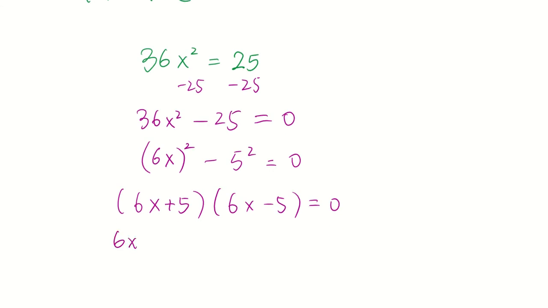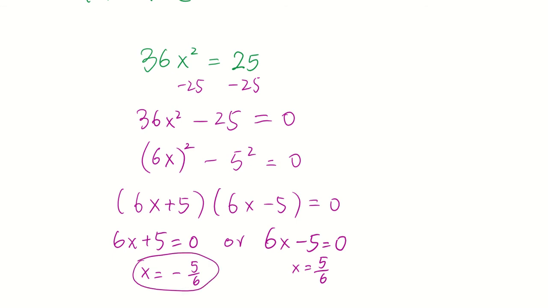Either 6x plus 5 is equal to 0 or 6x minus 5 is equal to 0. Solve the first equation, you will get x equals negative 5 over 6. The second equation, you will get positive 5 over 6. So we have two solutions, positive and negative 5 over 6.